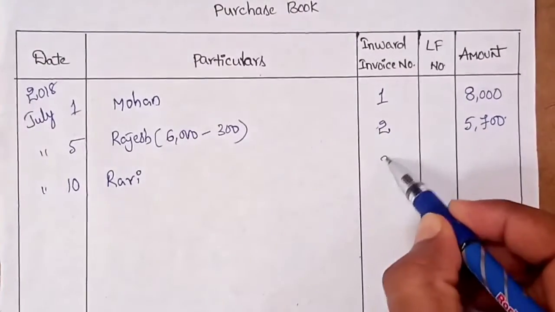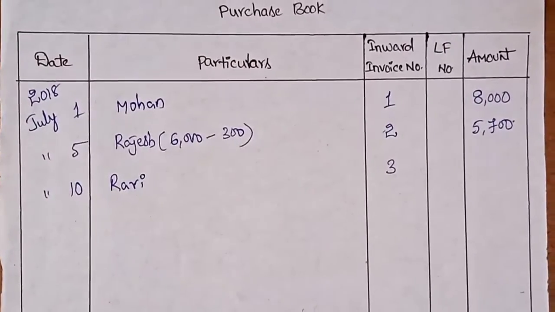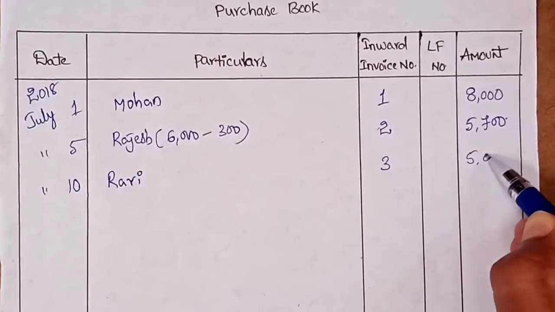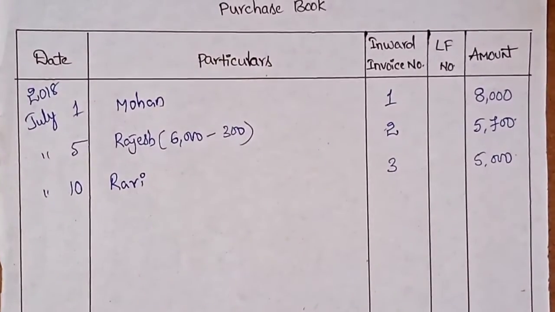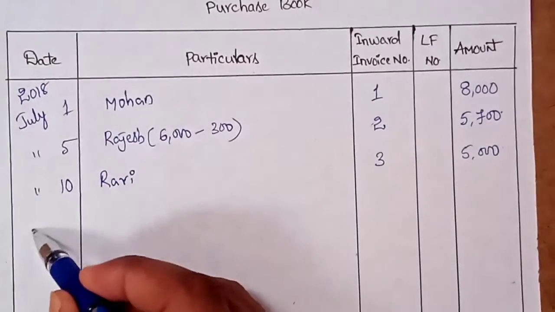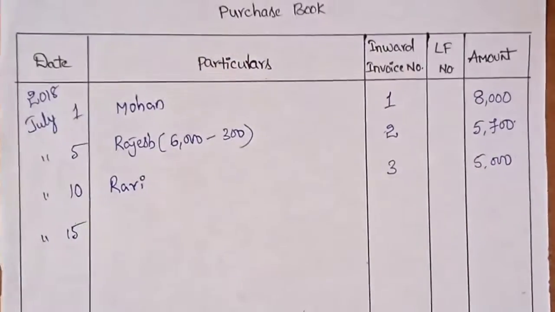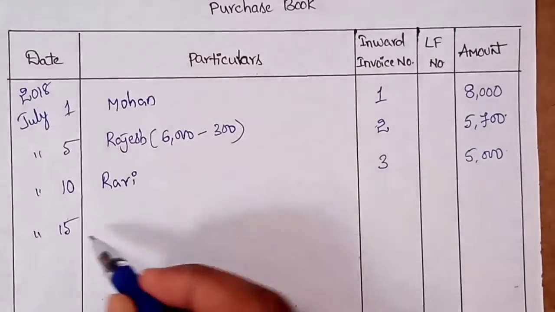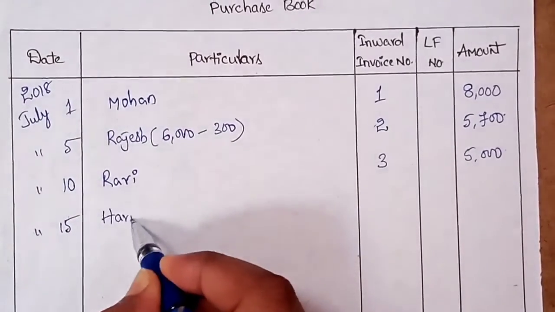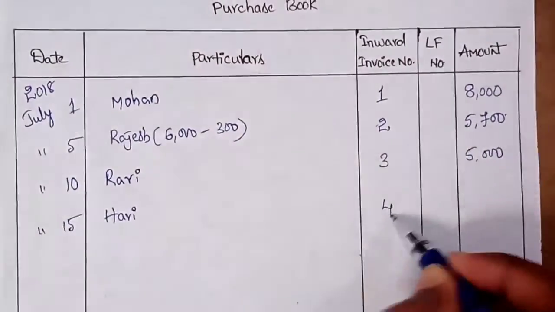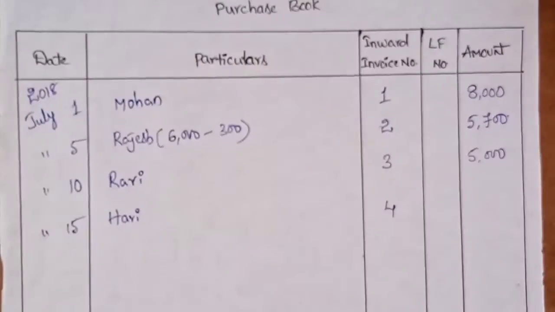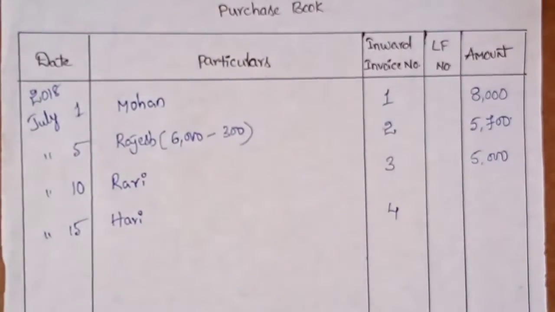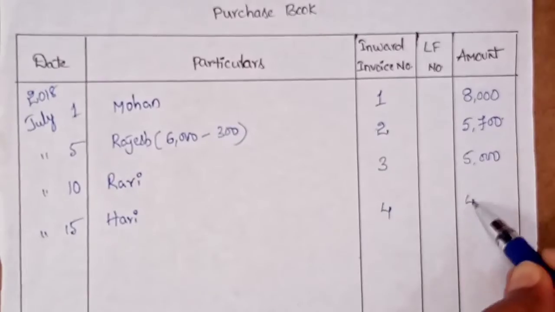Next, July 10th, supplier name is Ravi, inward invoice number 3, amount 5,000 rupees. Next, 15th, supplier name is Hari, inward invoice number 4, amount is 4,000.